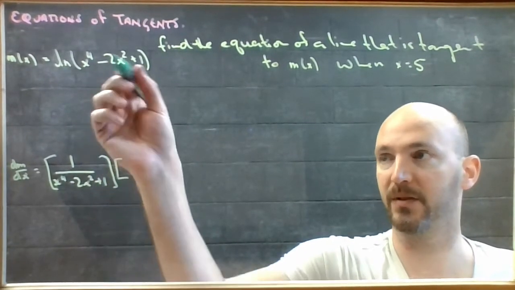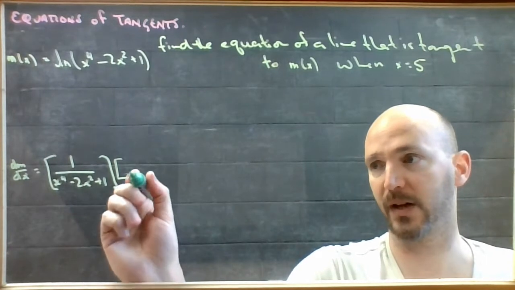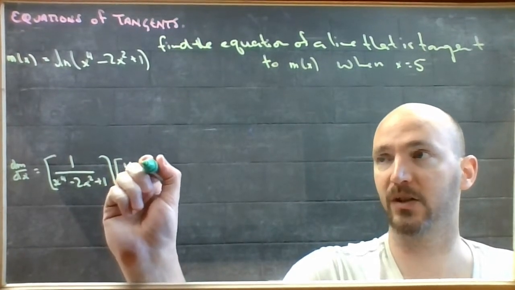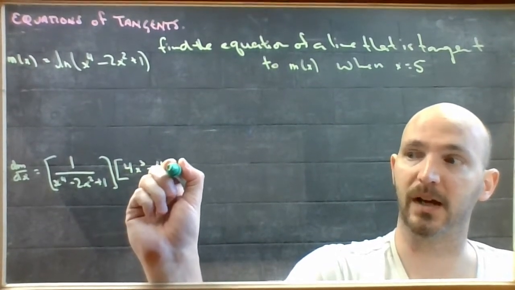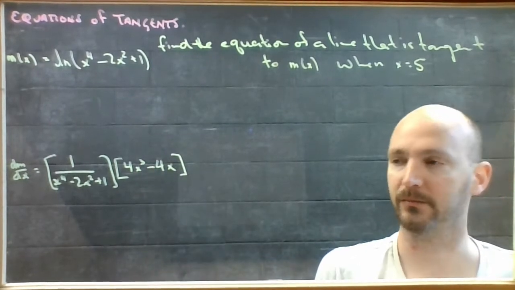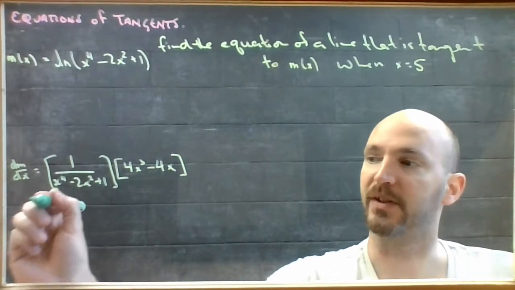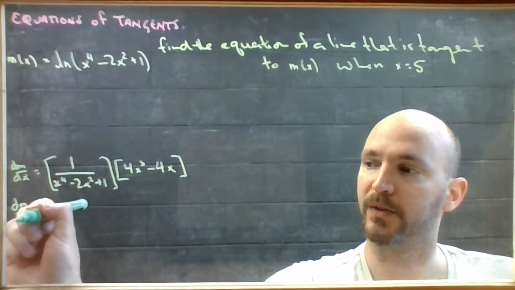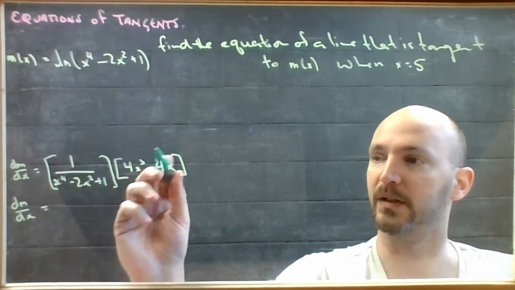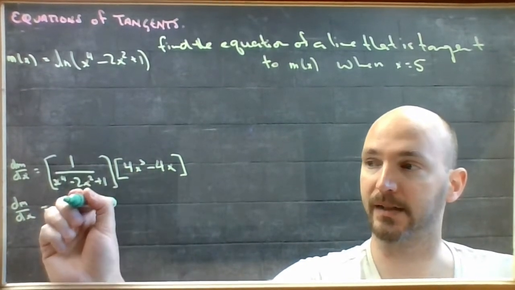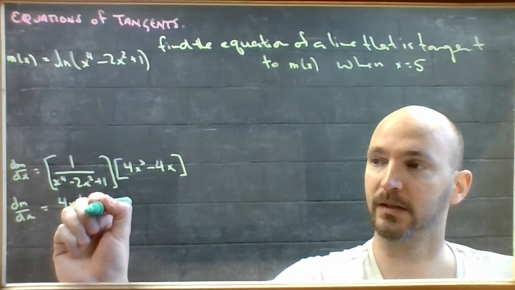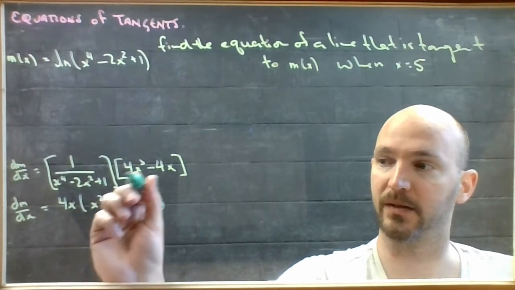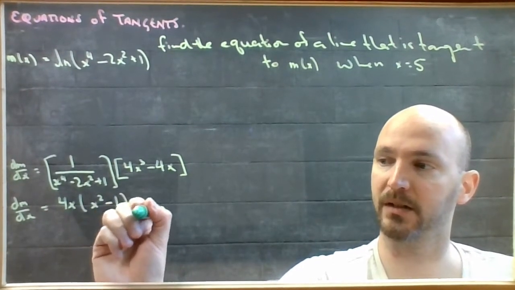So the derivative of x to the fourth minus 2x squared would be 4x cubed minus 4x, which gives me a first derivative of, well, I can factor 4 and an x out of this, leaving me with an x squared and a minus 1 up here.